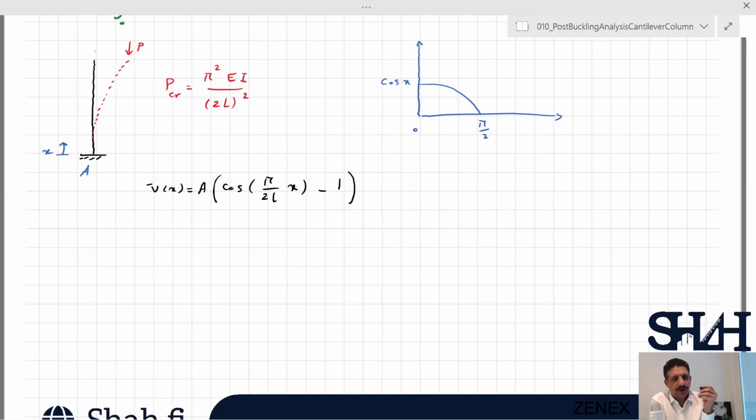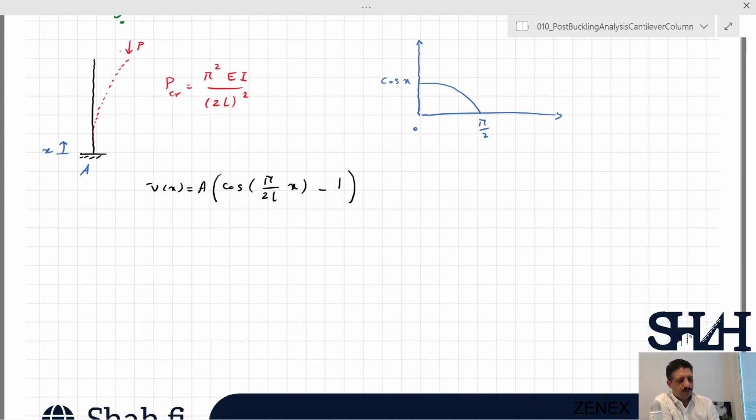This is the shape that we can assume after buckling, the column would buckle like this shape. Now we have V of x, which is a times cosine pi over 2L x minus 1. And to solve it easier, I assume that a is a factor or portion of the total length.